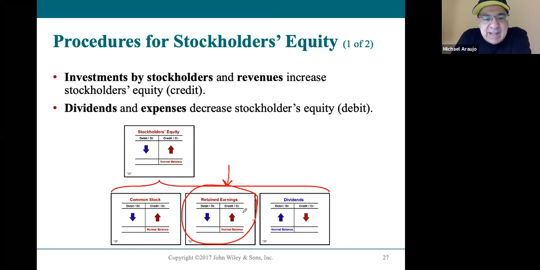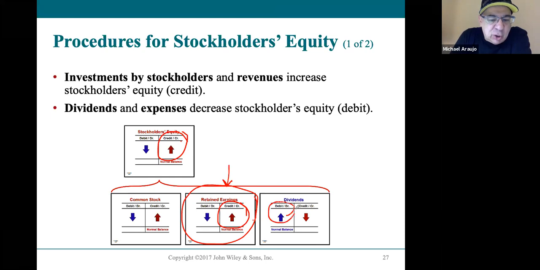Notice that stockholders' equity, also being on the right side of the equation, increases on the credit side. So the more retained earnings we have, it'll show up on the credit side. Well, what can take away from retained earnings? We already know dividends take away from retained earnings.